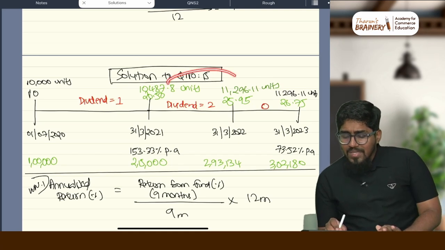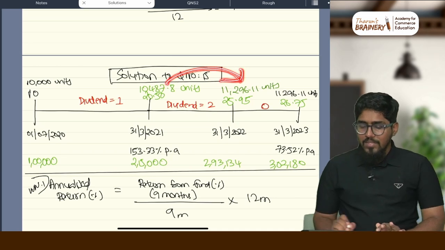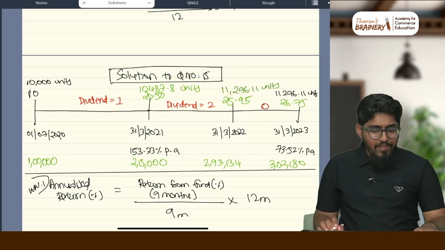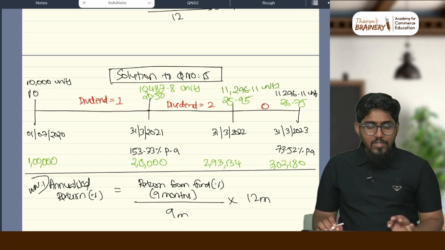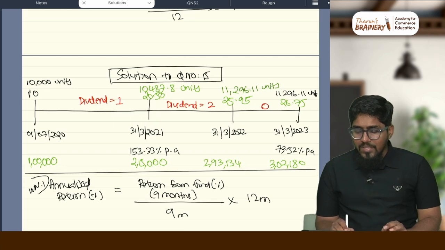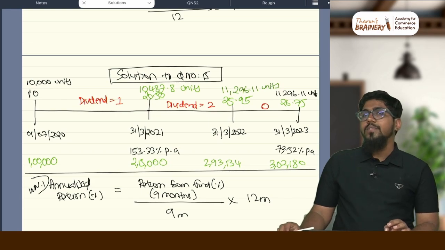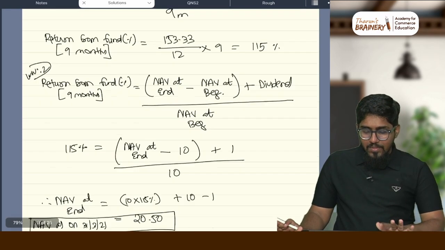So I got 11,296.11 minus 10,487.8, so 808.31 units I got for the dividend. So with this I can find out the NAV.